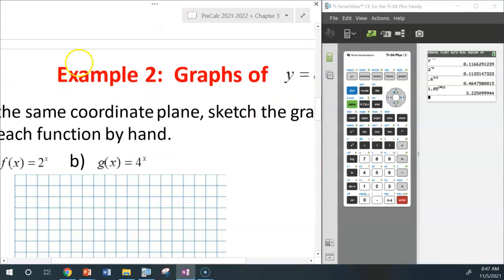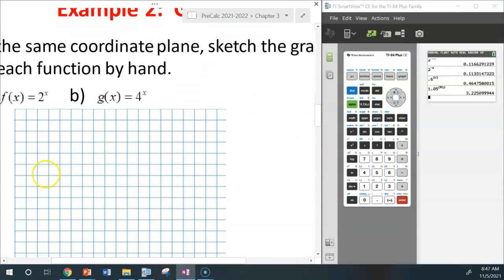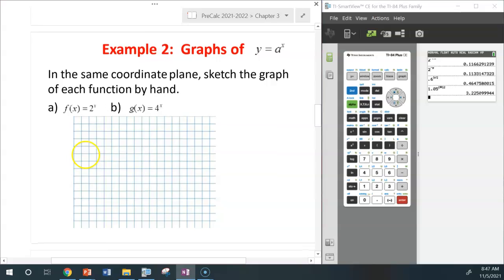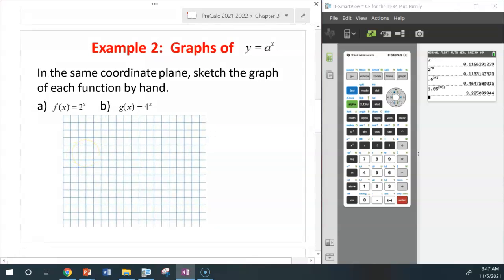Right, the next idea is to graph these. We are going to graph f of x equals 2 to the x, and g of x equals 4 to the x on the same set of axes. So in this case, for f, our base is 2, and for g, the base is 4.